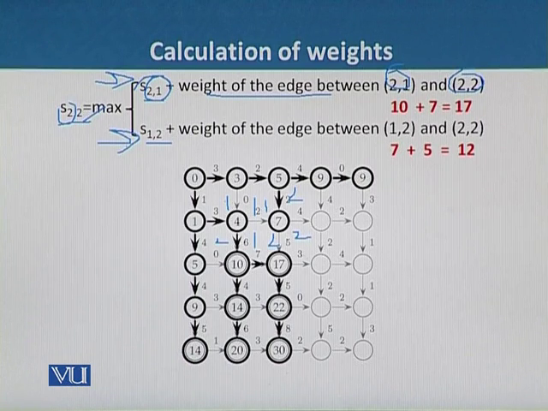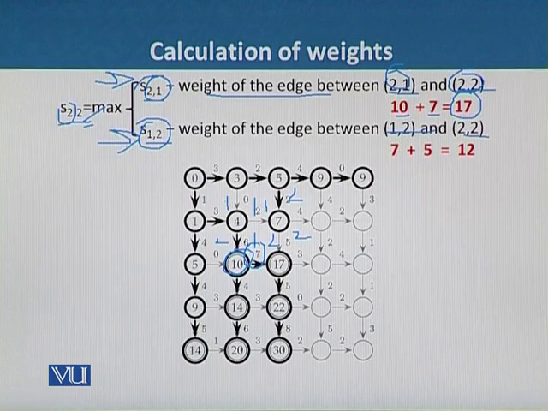So we have to consider 2, 1, that is the value of 10, and compare this with 2, 2, and 2, 2 has a value of 7, so 10 plus 7 is equal to 17. On the other hand, we have to consider the weight values between 1, 2, that is this one, with the original value of 2, 2.